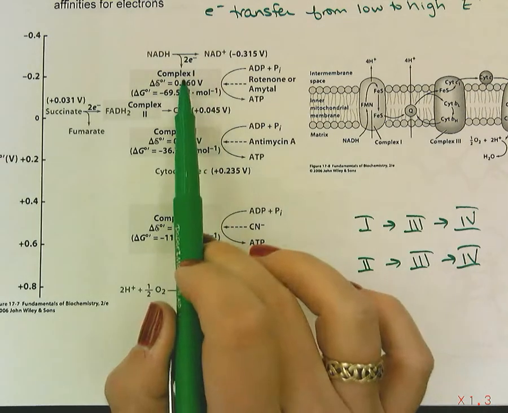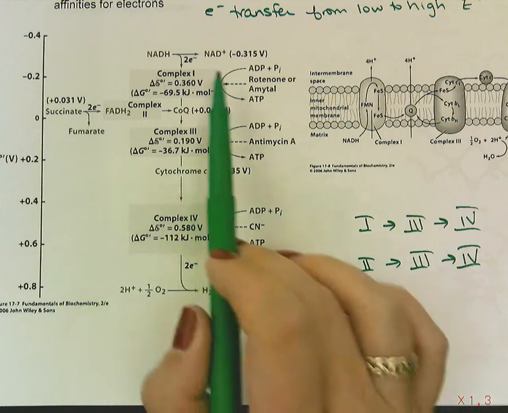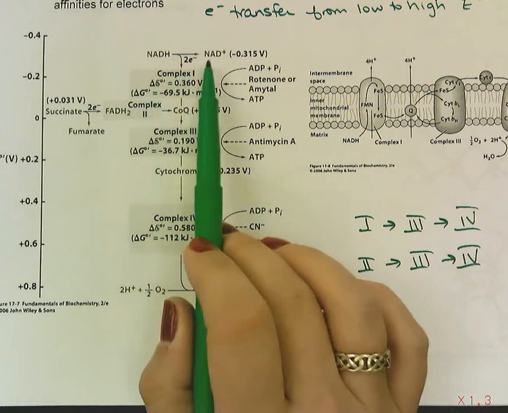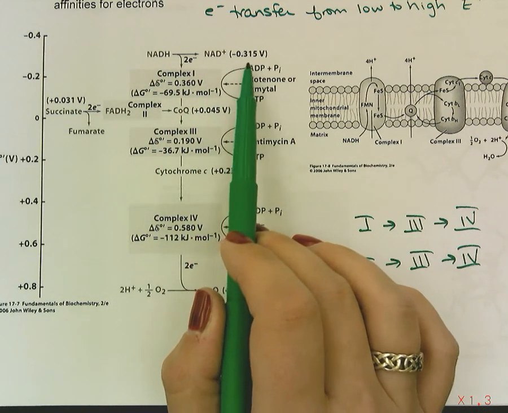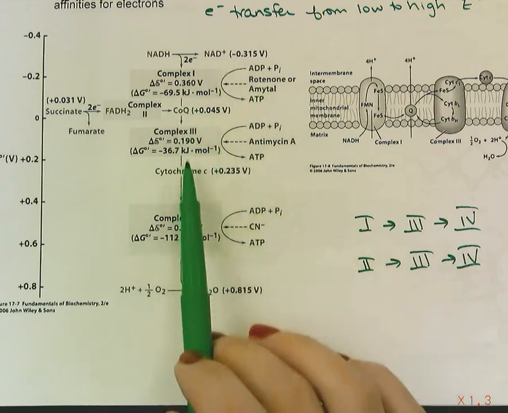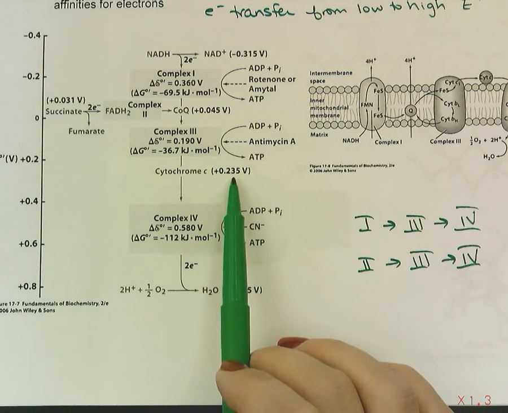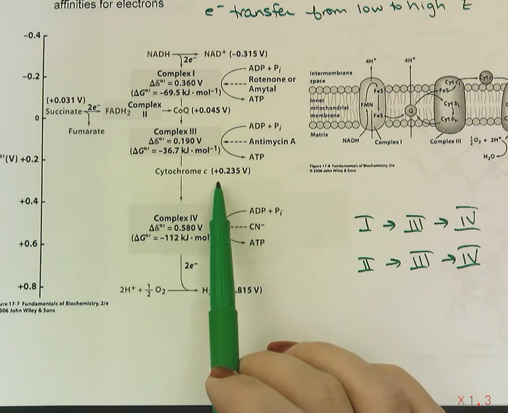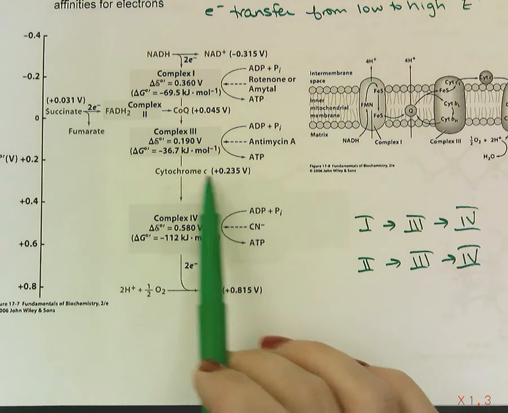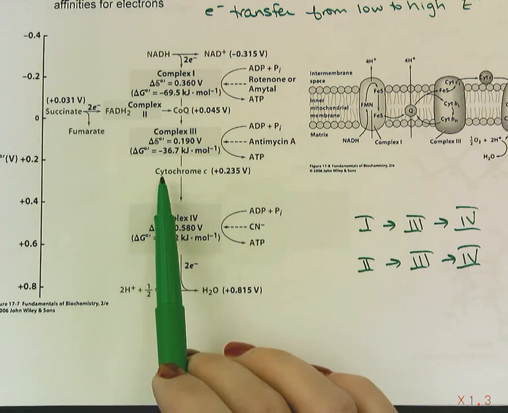I'm going to look at 1 to 3 to 4 first. So the oxidation of NADH to NAD plus is negative 0.315. To go to complex 3 is at plus 0.235 volts. And so we've gone from a negative value to a positive value. So the electrons are going low to high.